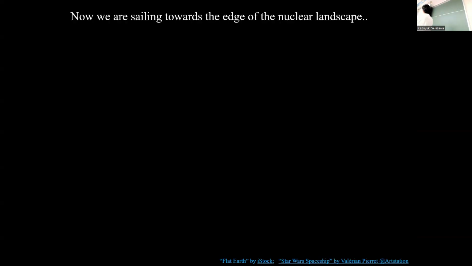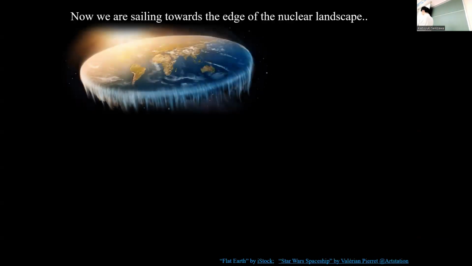So this slide was used in my first lecture. So far we have explored the planet of finite nuclei. We started from the continent of stability, let's say, and we are sailing towards the edge of the nuclear landscape, on the sea of unstable nuclei.